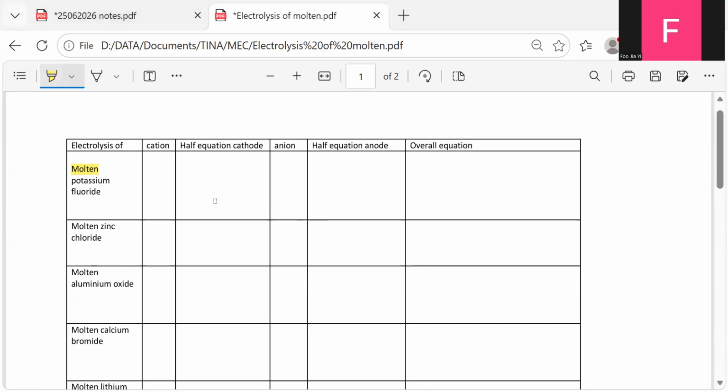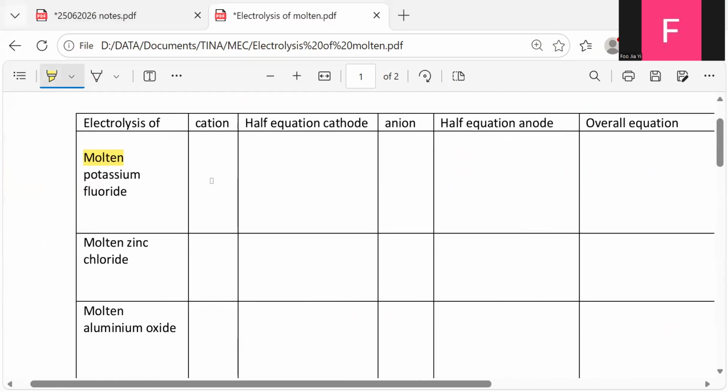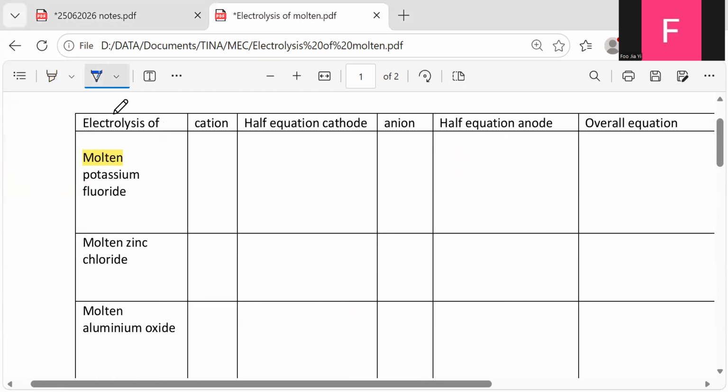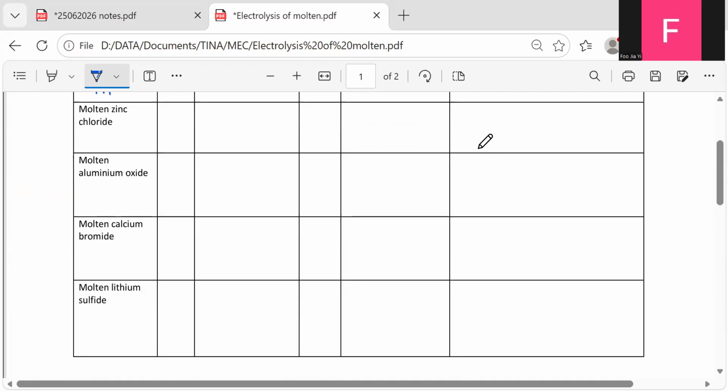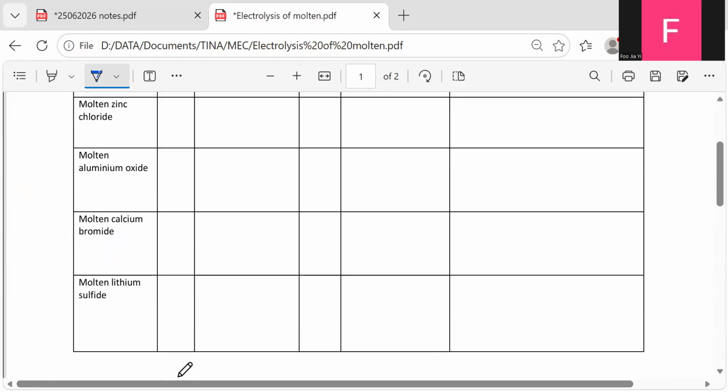Step one. Okay. What is potassium fluoride? Potassium is K positive 1. Fluoride is F negative 1. So potassium fluoride is KF, right? This is the cation. The cation goes to the cathode, the anion goes to the anode. Write the half equation like just now. Do the same thing for all.